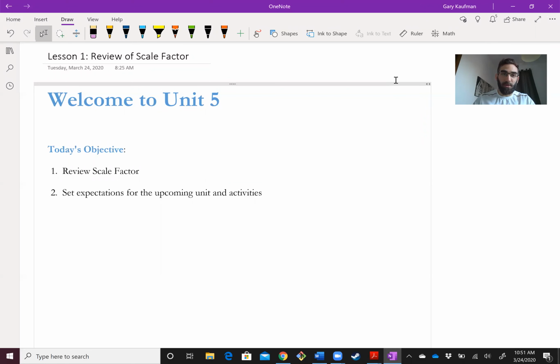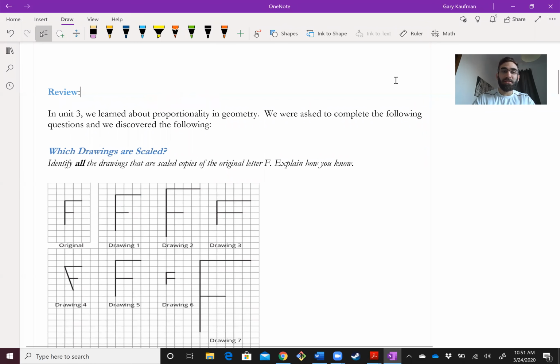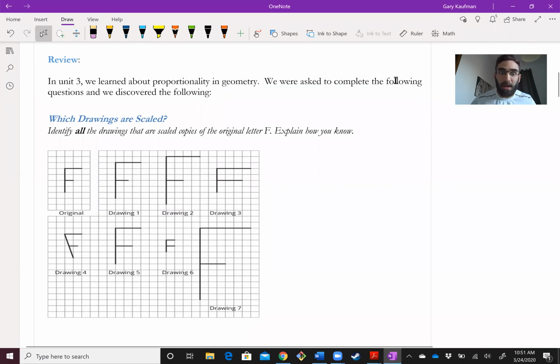So let's go on. Now, this is our review, and this question might look familiar. We've done this exact question in Lesson 8, Unit 3.